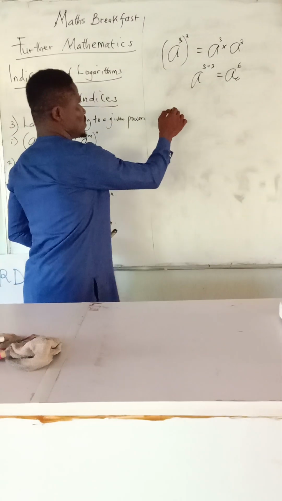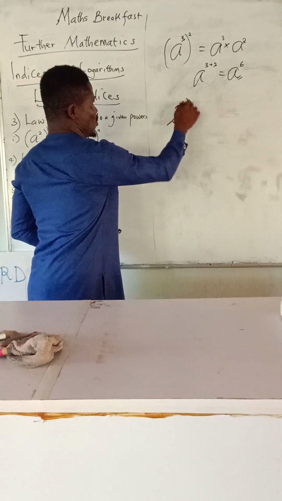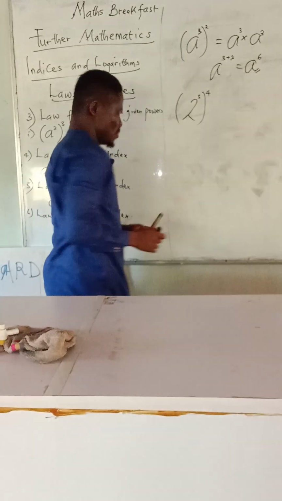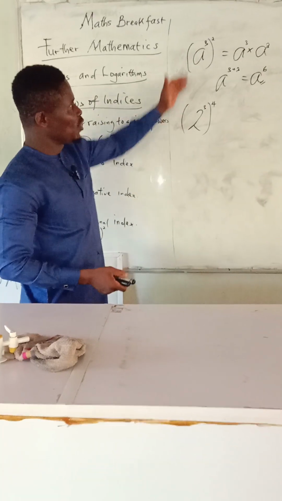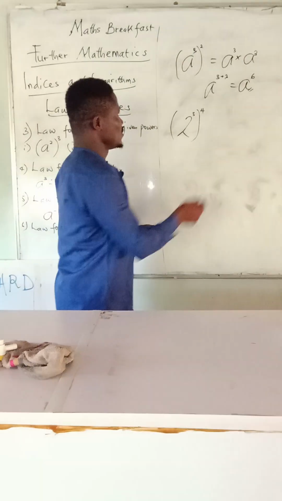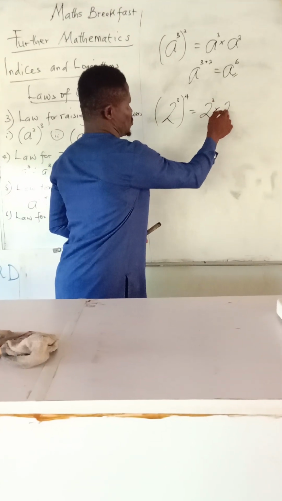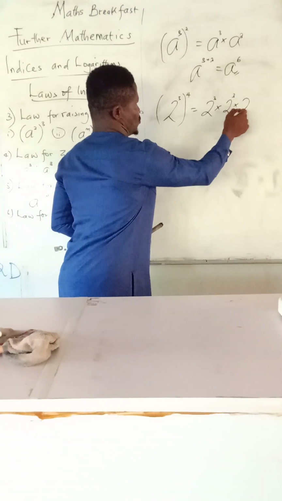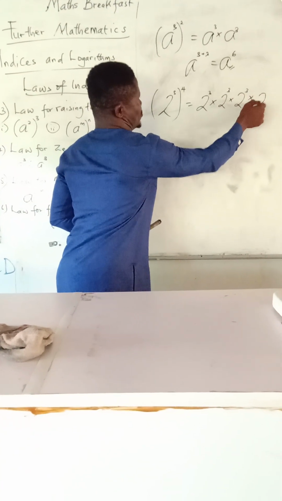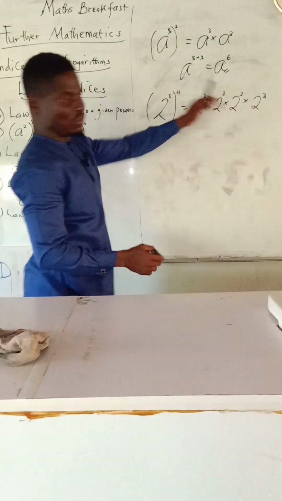Then also if you have 2^3 all raised to power 4, what do you do? It's the same law that applies here. That is equal to 2^3 times 2^3 times 2^3 times 2^3, in 4 places.